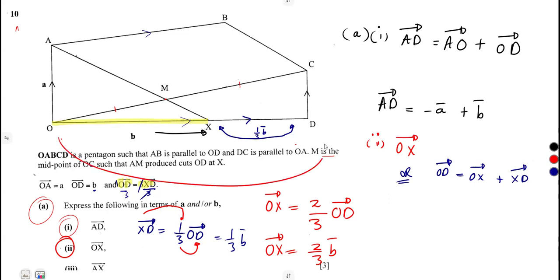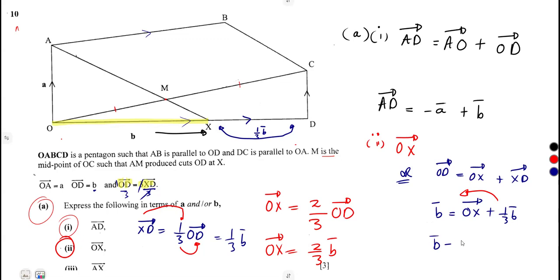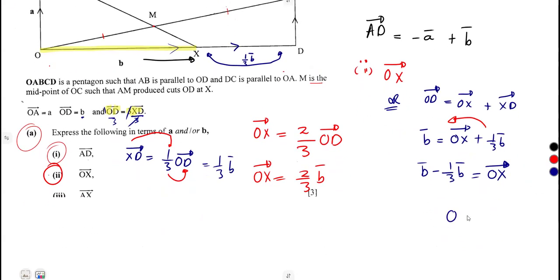From O to D, that's vector B, which is equal to vector OX that we want, plus XD from X to D in the same direction, that is 1 over 3 vector B. So to find vector OX, we take 1 over 3 vector B, and it changes the sign. It was a positive, so it becomes negative. So it's B minus 1 over 3 vector B, giving us vector OX. That's another way you could have determined your vector OX.